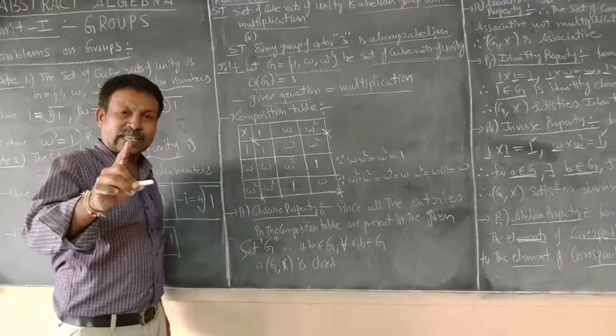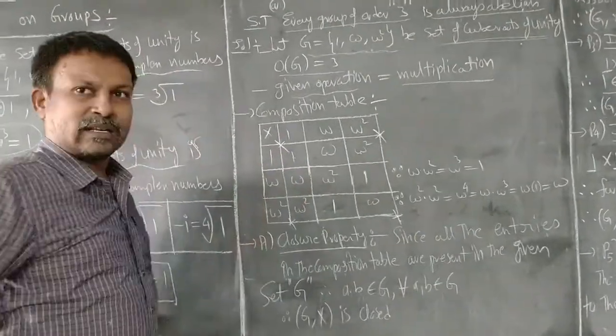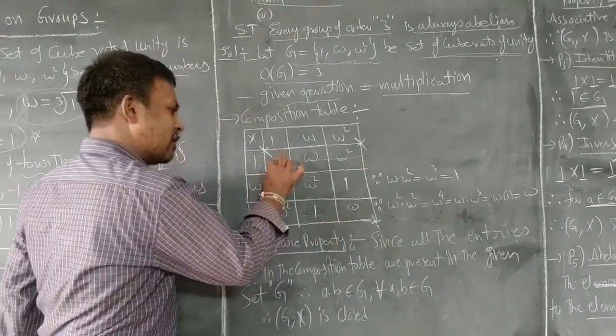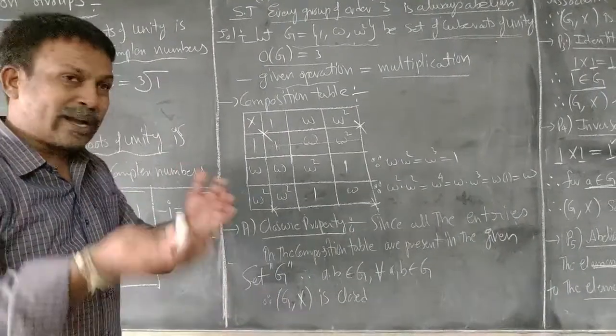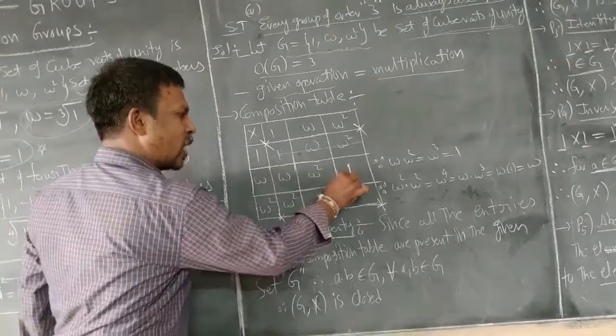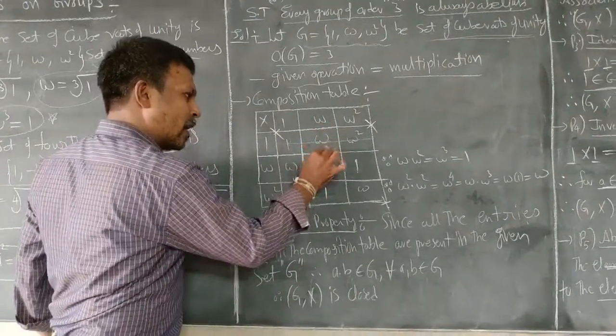If I see the elements in the first column, 1, omega, omega square, right? That is, the corresponding elements of the first row and the first column are equal, right? If I go into the second row, the elements are omega, omega square, 1. In the same way, the second column elements are omega, omega square, 1.